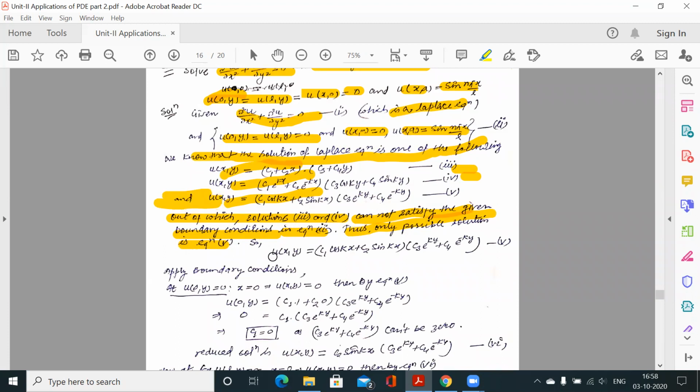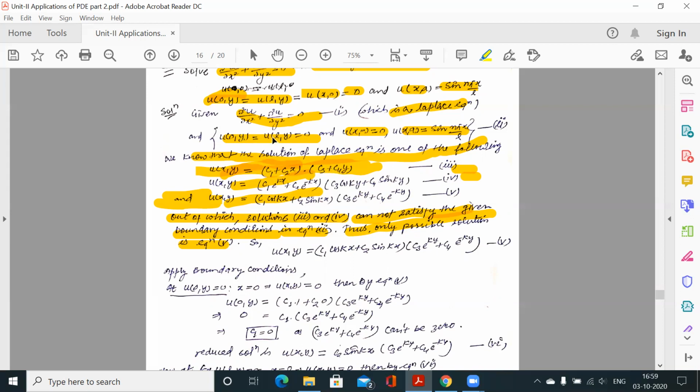Also, even if you don't write these lines, you have to satisfy the boundary conditions. Suppose you consider your solution as equation 3, the case 1 solution when k is 0. Then u(0,y) is 0, so c1 into something is 0, so c1 would be 0. What is left is c2 x into something.